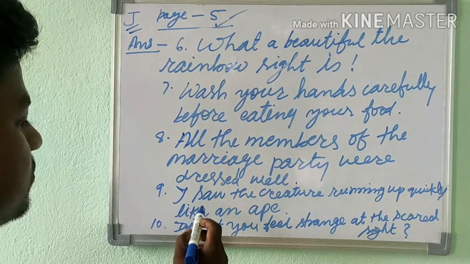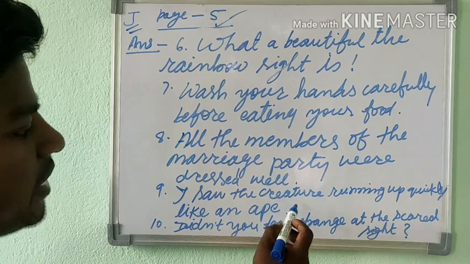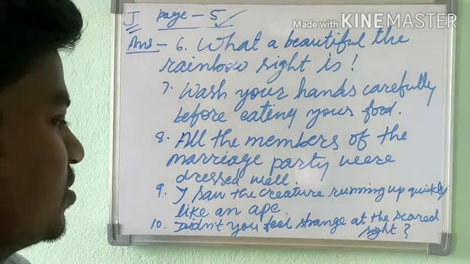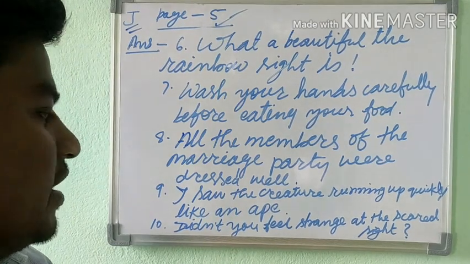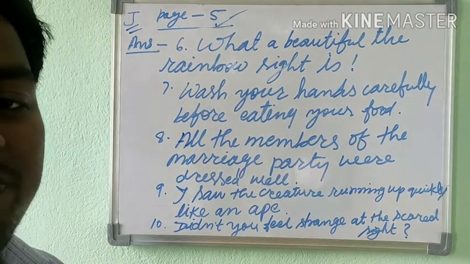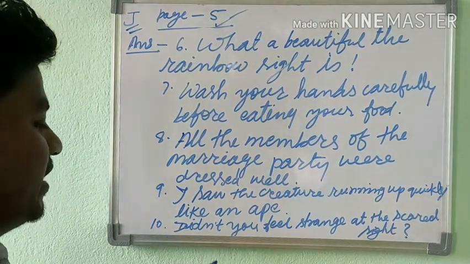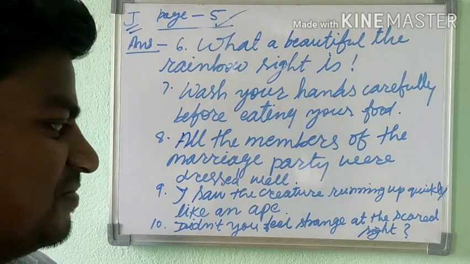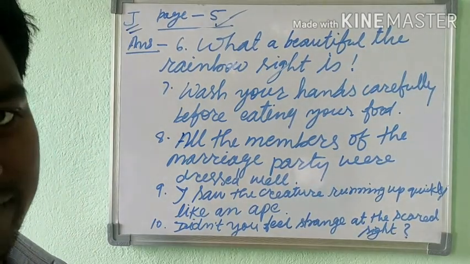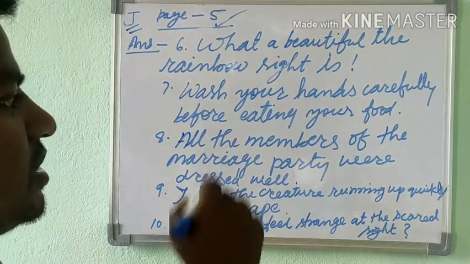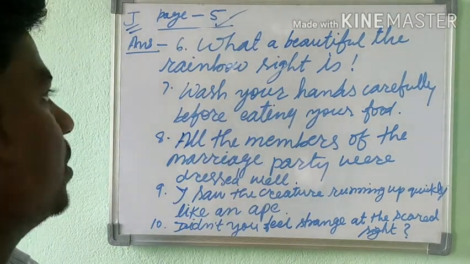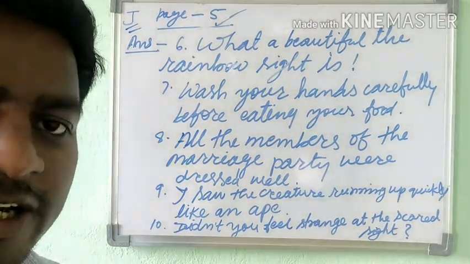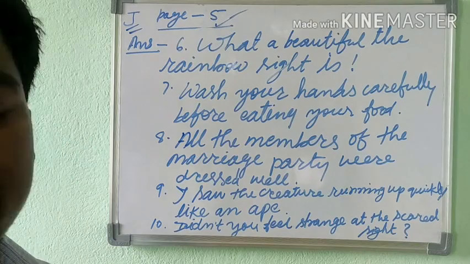Number 9, I saw a creature running up quickly like an ape. Good. Number 10, didn't you feel strange at the scared sight? That is a question, interrogative sentence. So this is how we have the answers for number J on page number 5. Clear? Good. Study well. Try to understand.